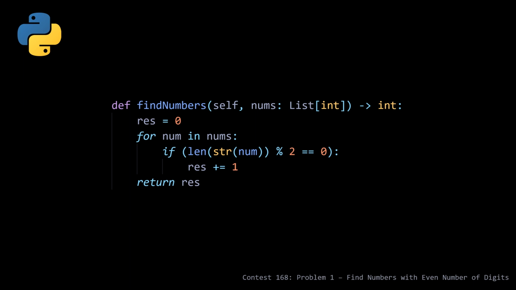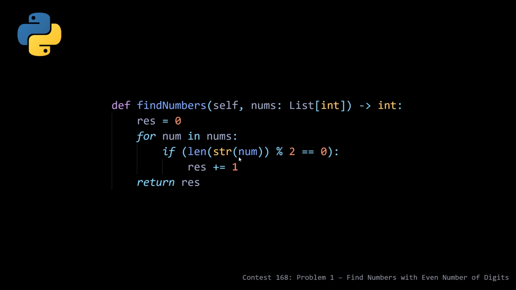You declare a variable outside of a for loop, which is going to be res, short for result. We initialize this to be 0, so this is going to be the count of our integers that have an even number of digits. Then for each of the numbers in our nums list, we have an if statement that's first converting our integer num into a string using str.